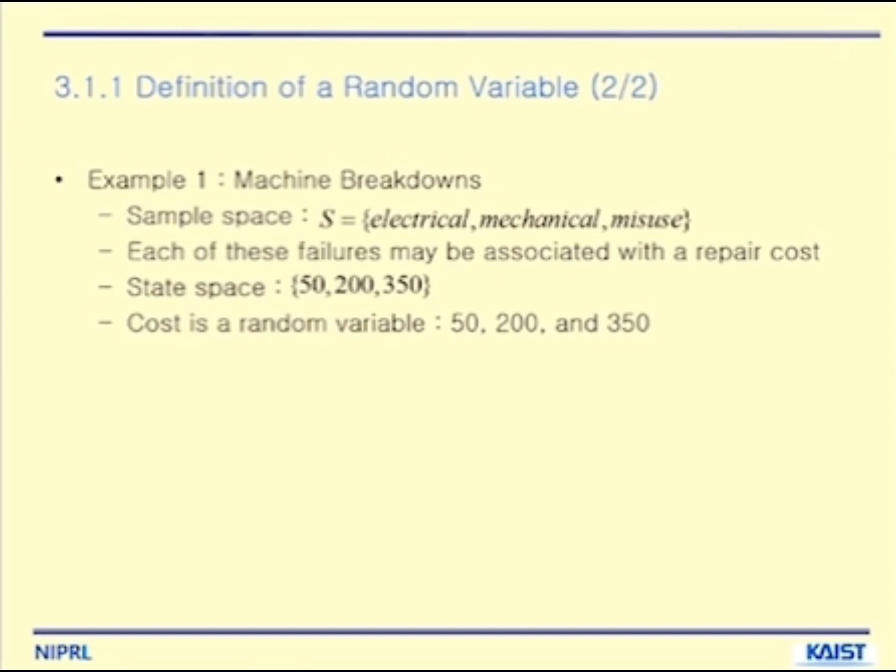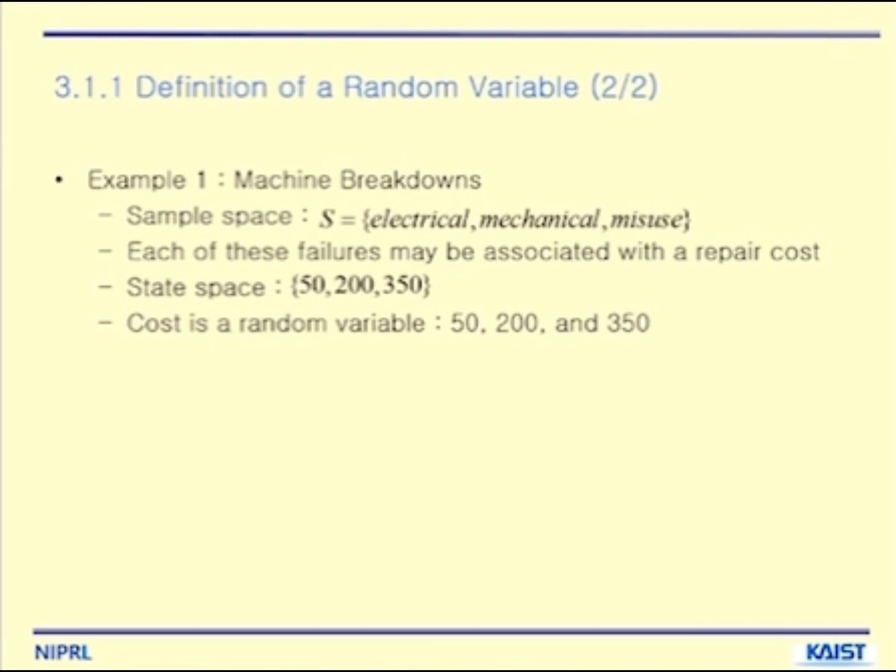Now, those are the possible reasons in the sample space. When I write that in the sample space, I'm telling the world there is no other reason that a machine can break down except those reasons.